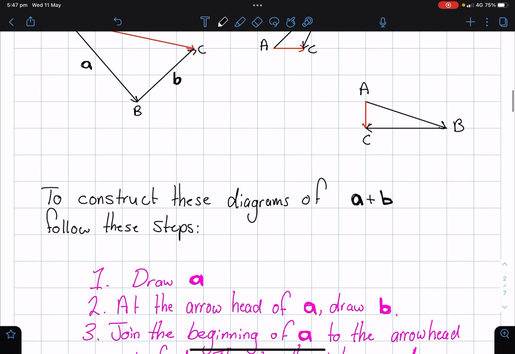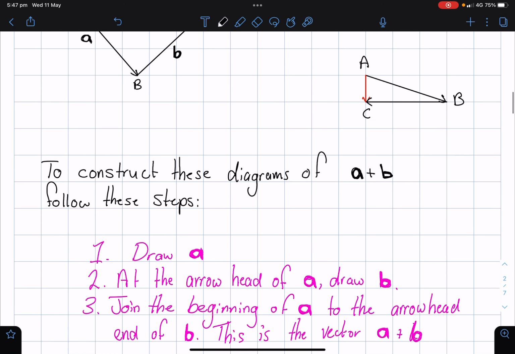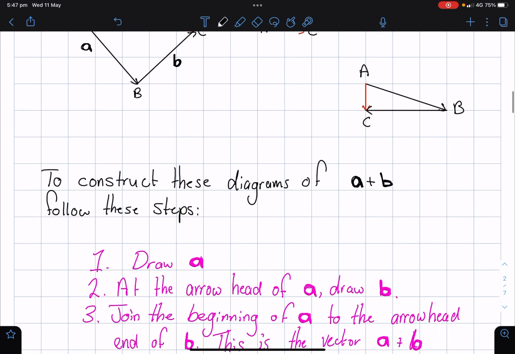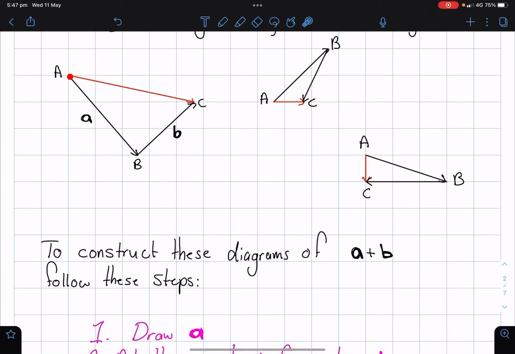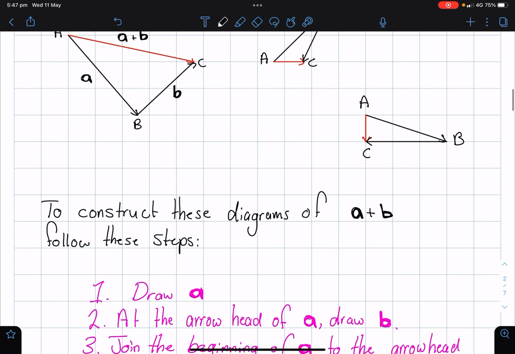All right. Step 3, join the beginning of A to the arrowhead end of B, and this is the vector A plus B. So that is our red line here. So I'm just going to write in A plus B. Okay, so that is how we actually draw these diagrams.